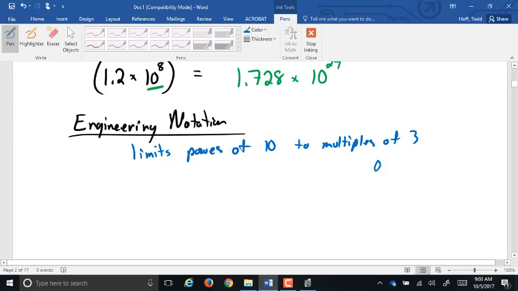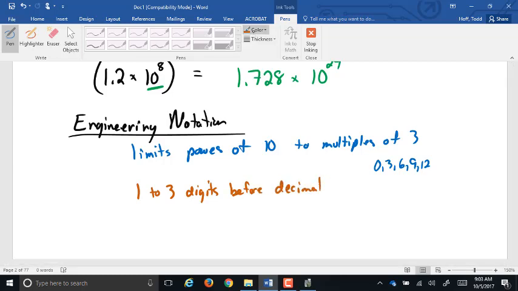So that means they can be 0, 3, 6, 9, 12, negative 3, negative 6, negative 9. But that means in front of the decimal point, there can be 1 to 3 digits, instead of just 1 digit in front of the decimal point. So let's take a peek at that.